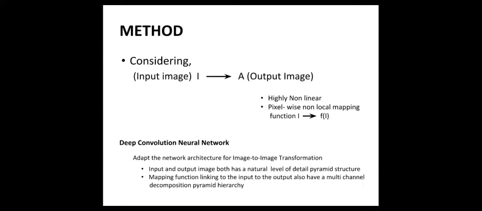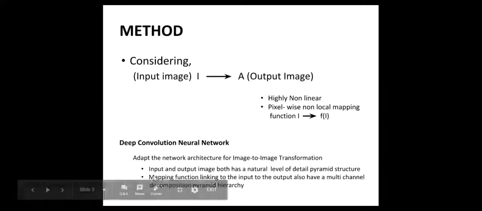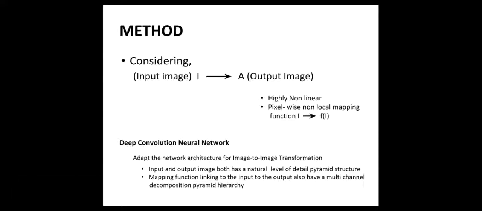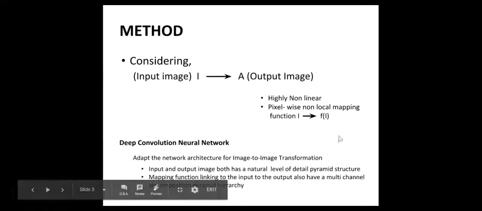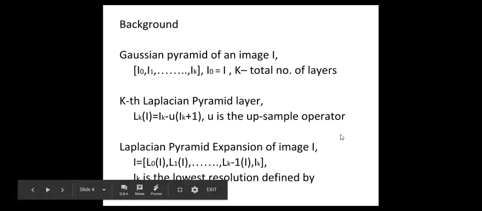So we are going to adapt the network architecture for image-to-image transformation, where both the input and output are images and have a natural level of detailed pyramid structure, and hence the mapping functions linking the input and the output also have a multi-channel decomposition pyramid hierarchy.